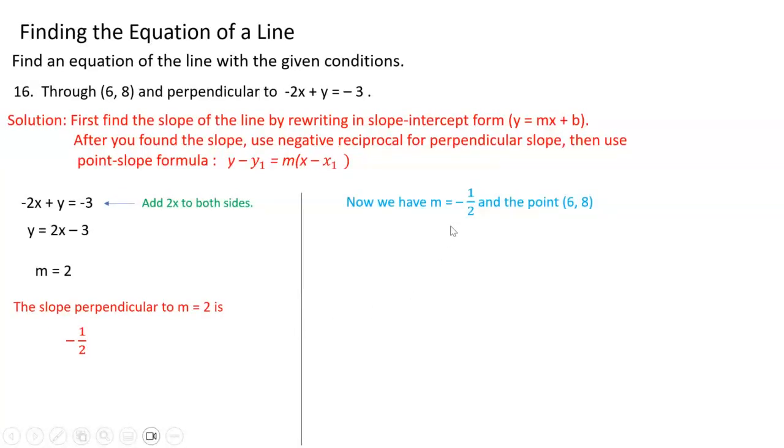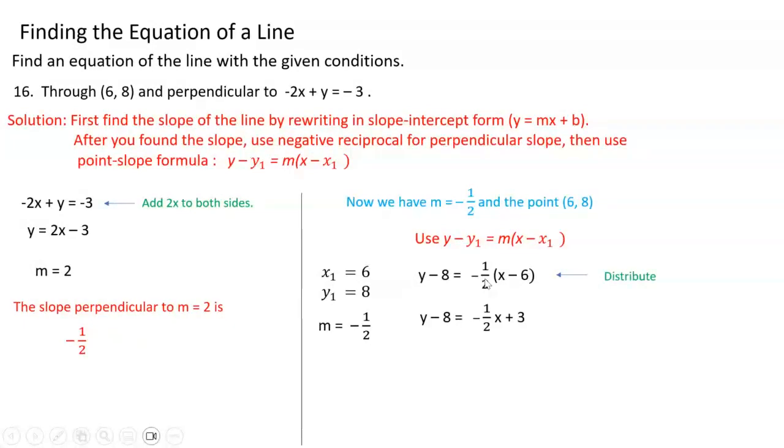So my slope is negative 1/2, and we have the point, which is (6, 8). Again, let's use the first method, which is the point-slope formula. We plug in the 8 for y1, the 6 for x1, and negative 1/2 for my slope. Now here we have to distribute.